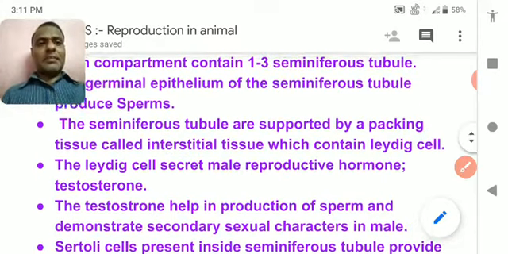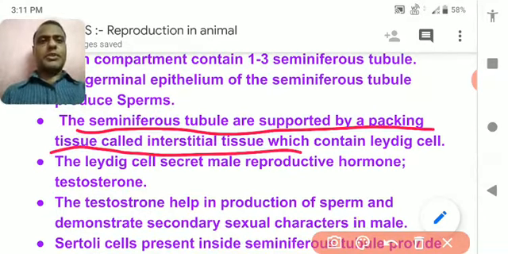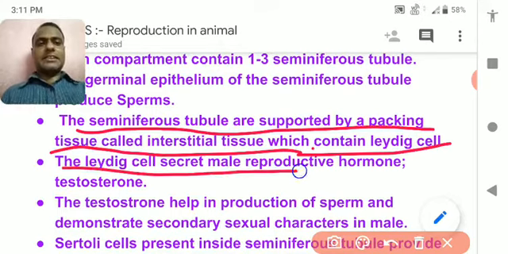See, the seminiferous tubules are supported by packing tissue called interstitial tissue, which contains Leydig cells. The Leydig cells secrete the male reproductive hormone, also called testosterone.